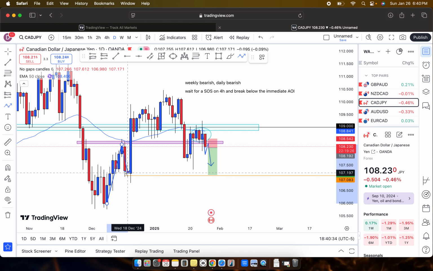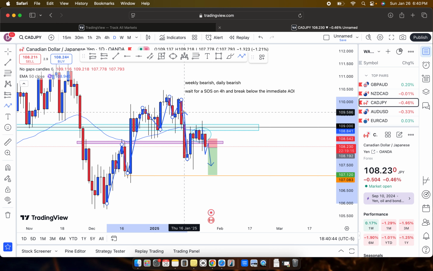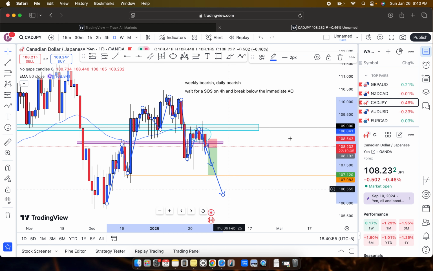Daily was creating higher highs and higher lows. So daily was bullish until this move happened, and the daily created a lower high and a lower low, right? It broke the previous higher low to create a lower low. Right now the daily over here is only creating a daily lower high to then continue down to a lower low.